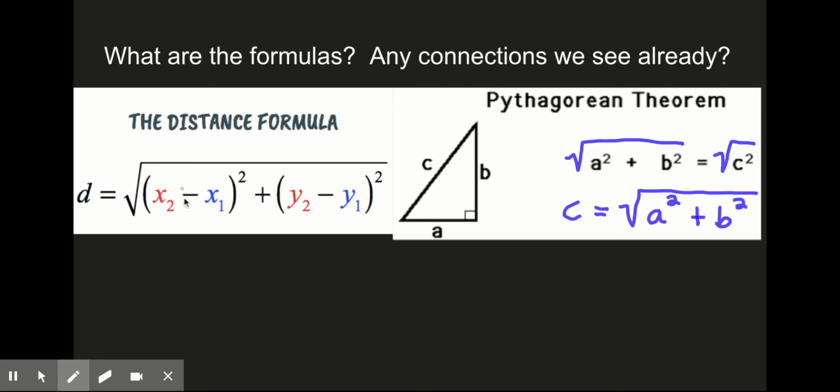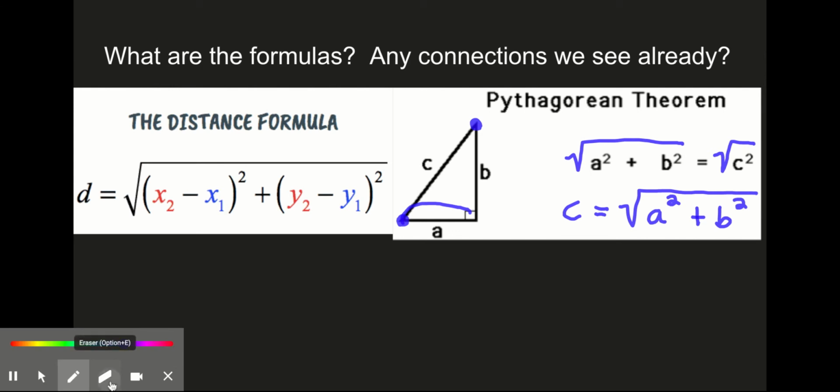But where does this come from? x2, x1. Well, what if we consider this hypotenuse, c, as the distance between these 2 points? This point and this point. That's interesting, right? Because now I can say, a looks a lot like just the horizontal change in distance. I went from here over to here.